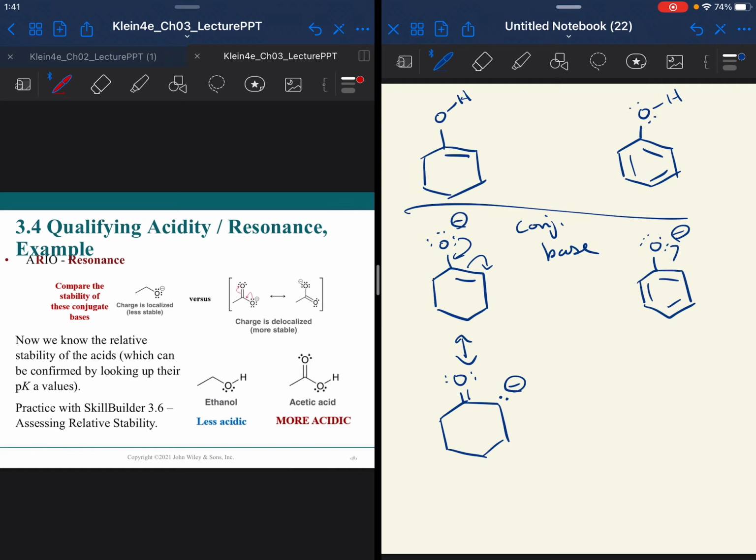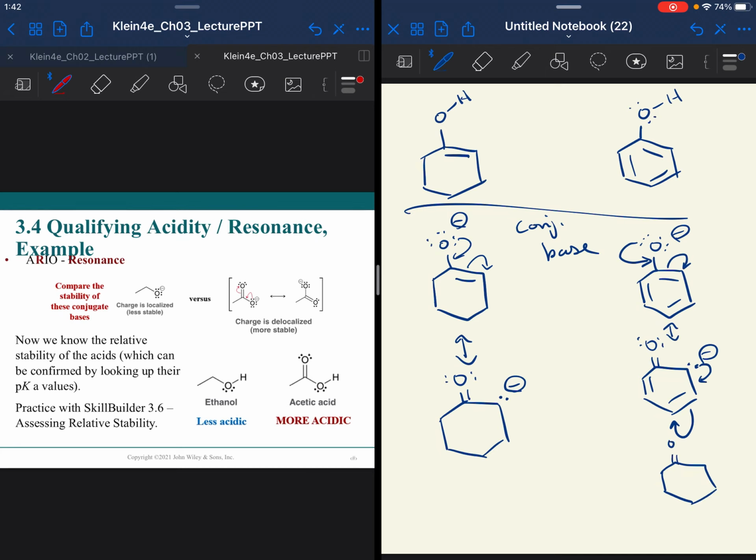let's draw it this way. It can share with, I'm not going to draw all the resonance structures here because I'm going to run out of room, and I'm hoping that the point will be communicated. But this can continue, right? It creates another allylic lone pair.